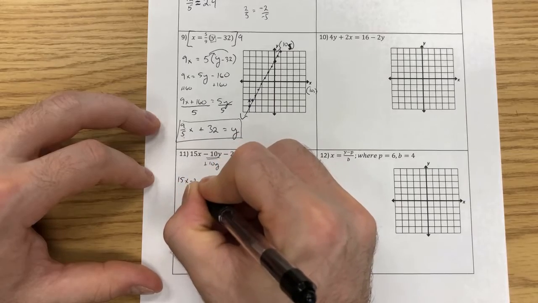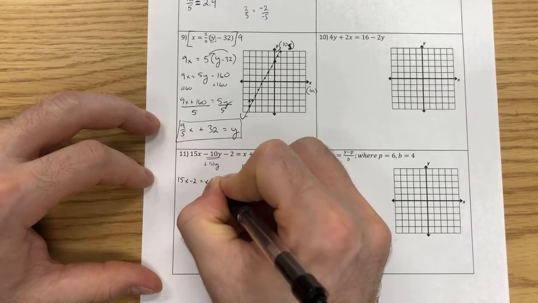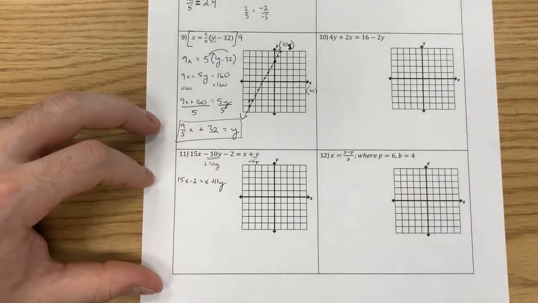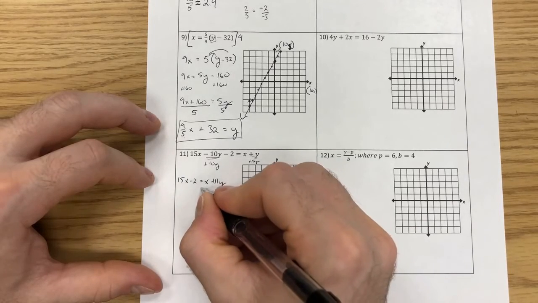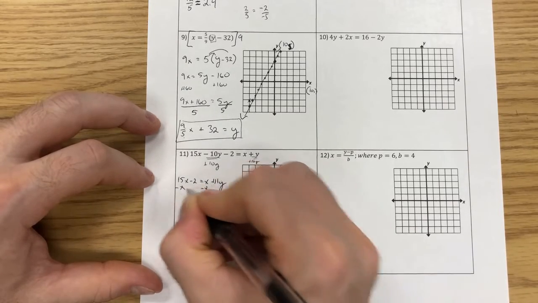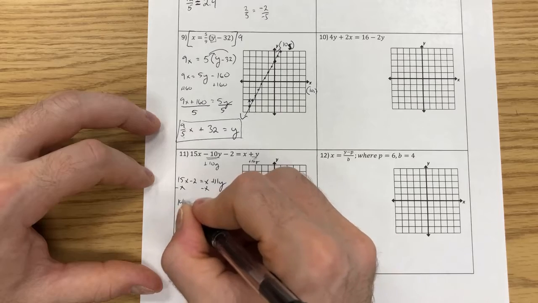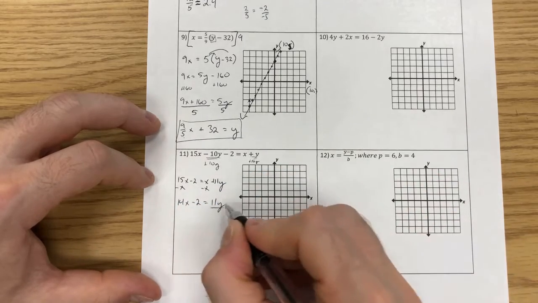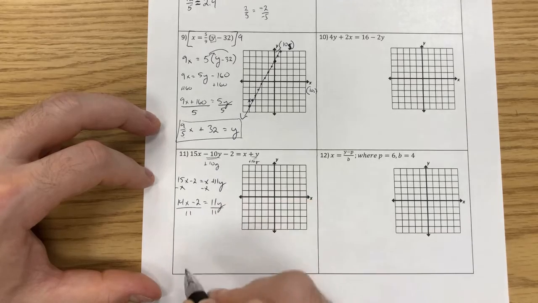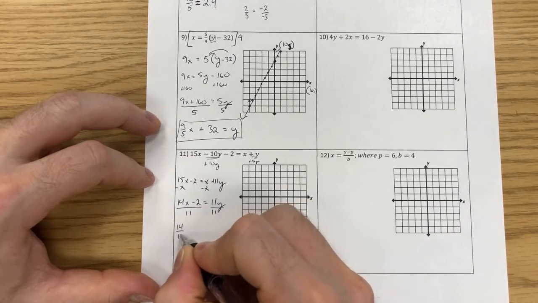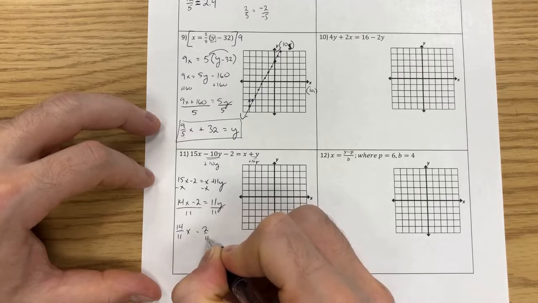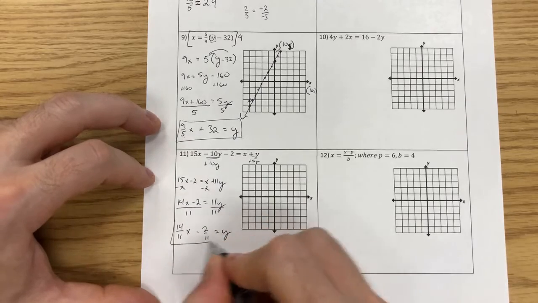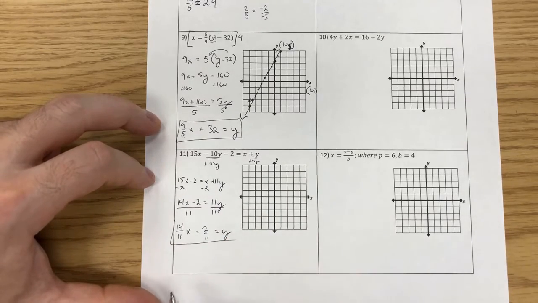So 15x minus 2 equals x plus 11y. Next, I'm going to move my x to the left, which means that I have 14x minus 2 is 11y. My last step is I'm going to divide everything by 11. So I get 14 11ths x minus 2 11ths equals y. That's the expression that I want.